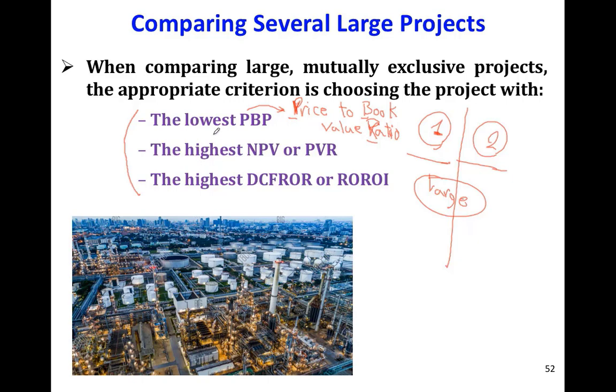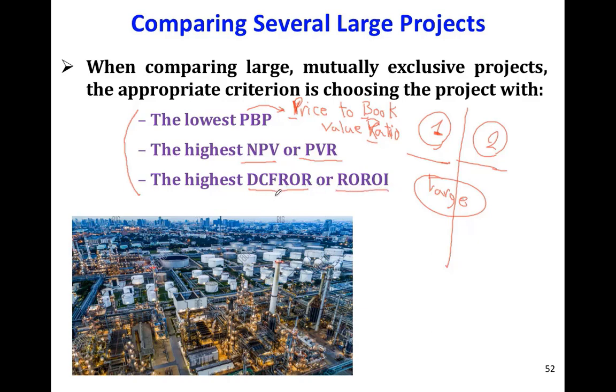Which one has the lowest price to book value ratio, the highest net present value, and PBR, if you remember in the previous slide, is the present value ratio, the net present value ratio, and which one has the highest DCFROR.